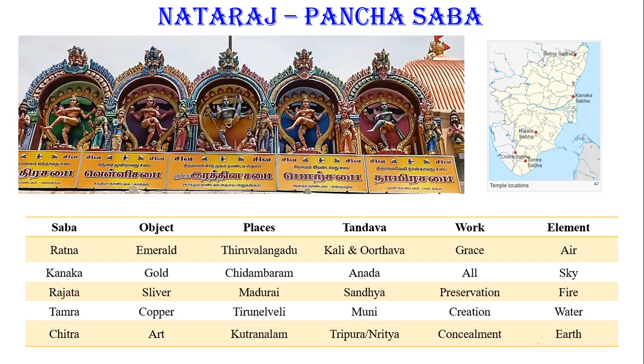It is a golden temple and it represents gold. Here he did the Ananda Tandava, with all the work in this statue, and it represents sky. Then Rajya Sabha is made of silver.